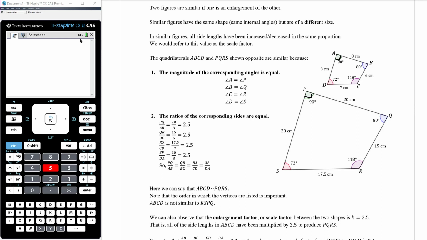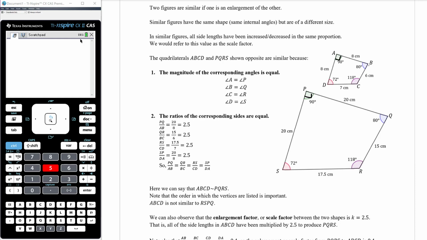The angle at B is also the same as the angle at Q, the angle at C is the same as the angle at R, and the angle at D is the same as the angle at S. So if all the angles are equal, you know you have similar shapes. You want to make sure that you reorient them so they're both drawn the same way up, so you can clearly see which sides correspond with the others. So they're similar because all of the angles are equal.